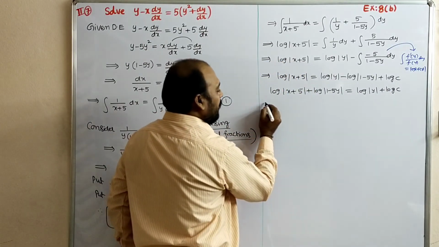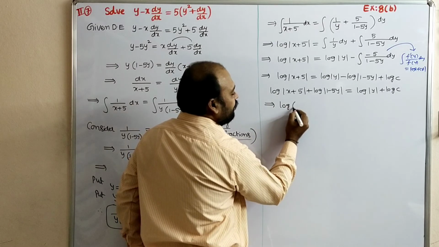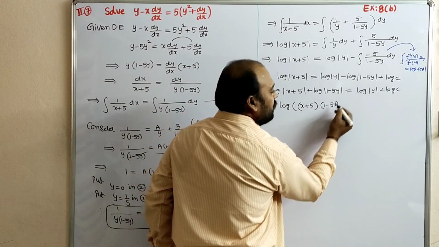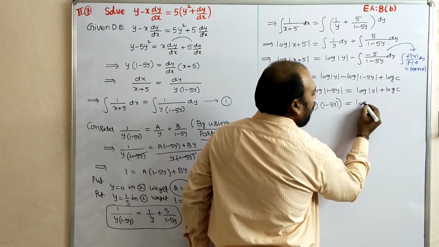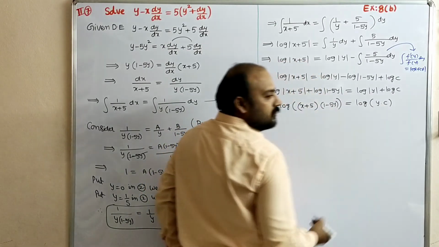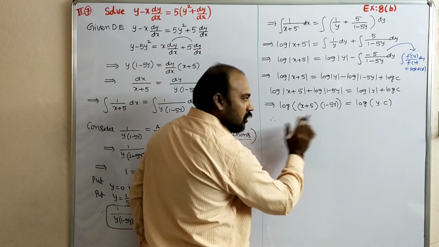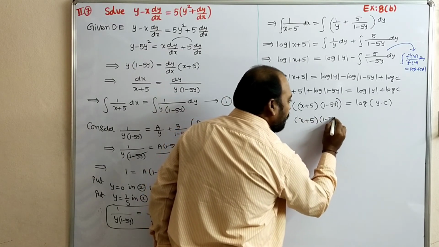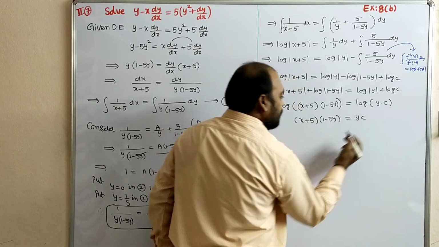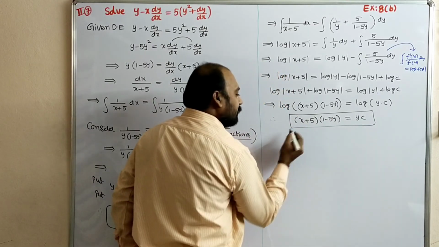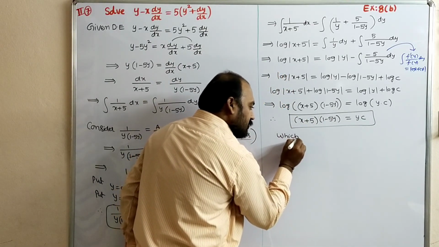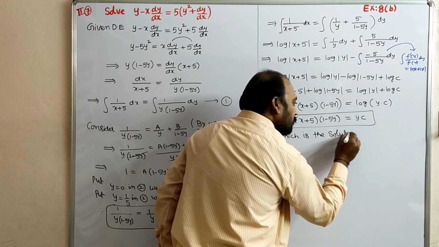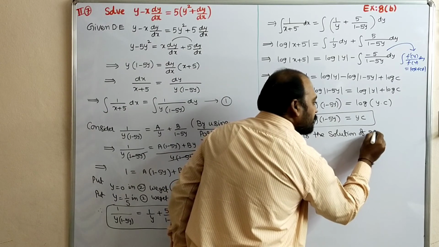Log a plus log b is log ab. That implies log of (x plus 5) into (1 minus 5y) is equal to log of y into c. Therefore, comparing the log functions, (x plus 5) into (1 minus 5y) is equal to yc, which is the solution of the given differential equation.